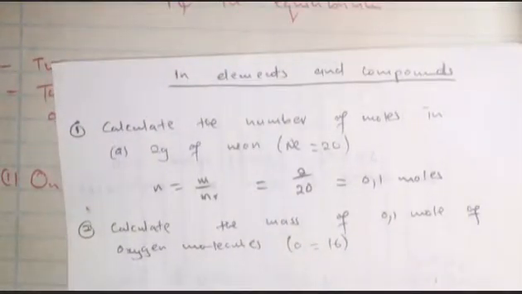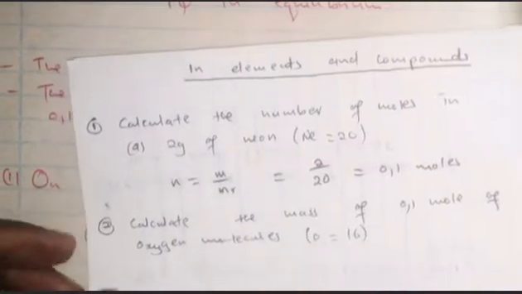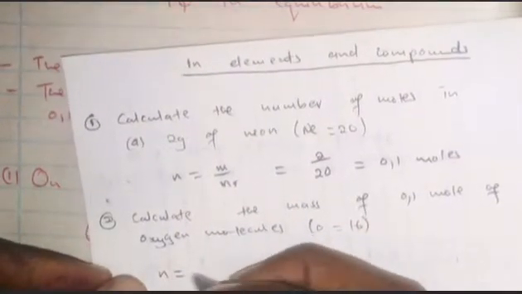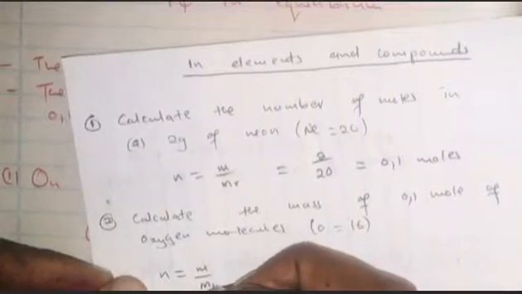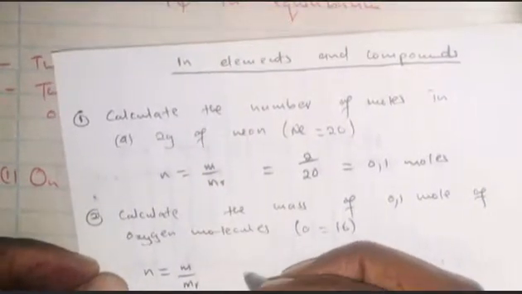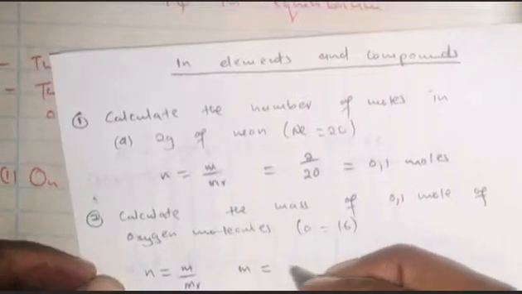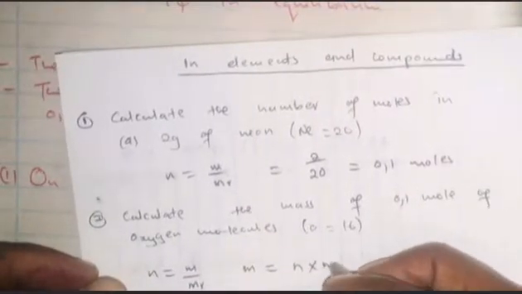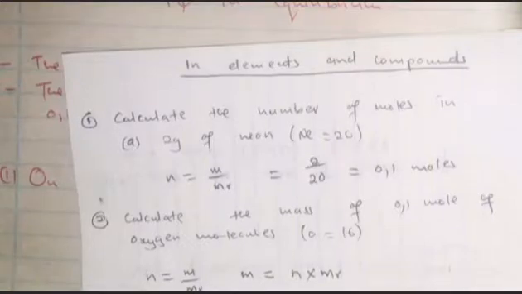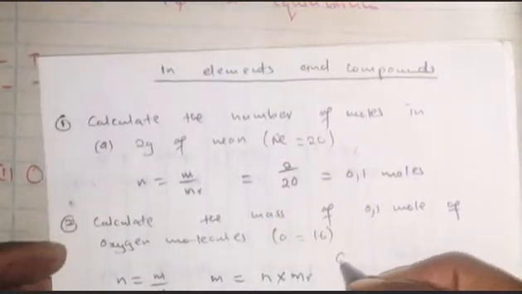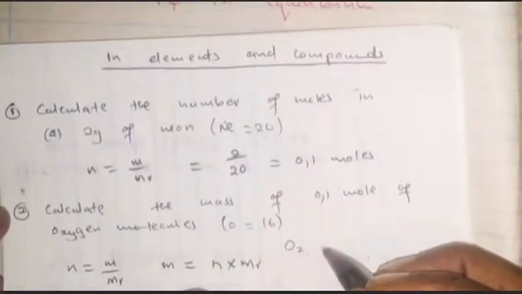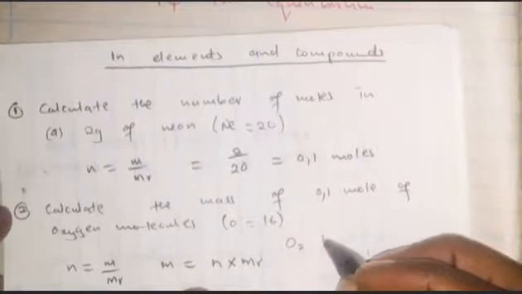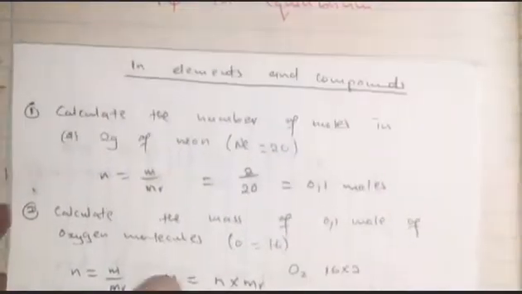Then the next one says calculate the mass of 0.1 mole of oxygen molecules. Of course, we are going to change the subject of the formula where we had n being equal to the mass over molecular mass. This time mass is equal to number of moles times the molecular mass. A molecule of oxygen is O2, so the molecular mass is 16 times 2, because we have 2 atoms of oxygen.